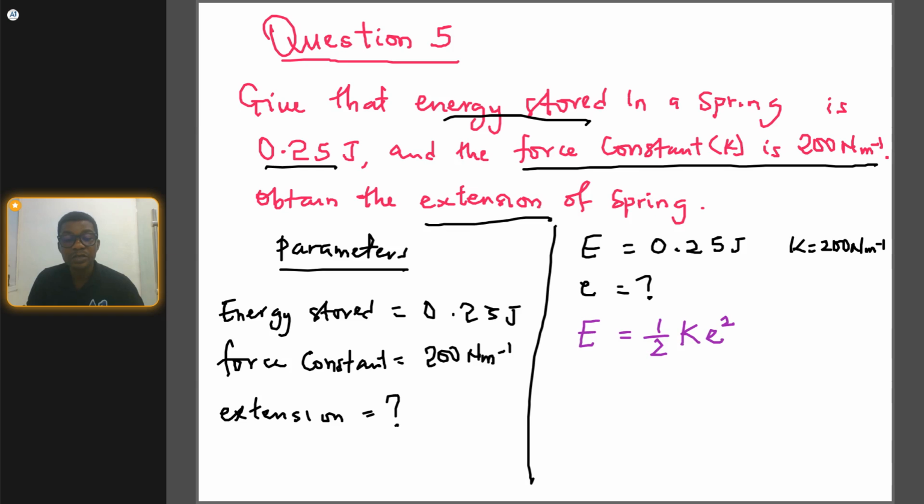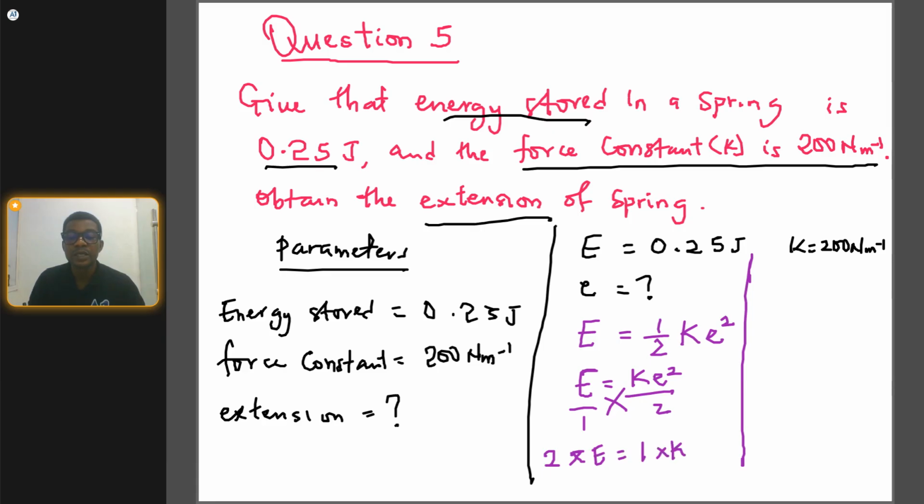Making e the subject of the formula is the goal. If E is expressed as over 1, by cross multiplication, we have 2 times E is equal to 1 times ke squared. So by multiplication, we have 2E equals ke squared.